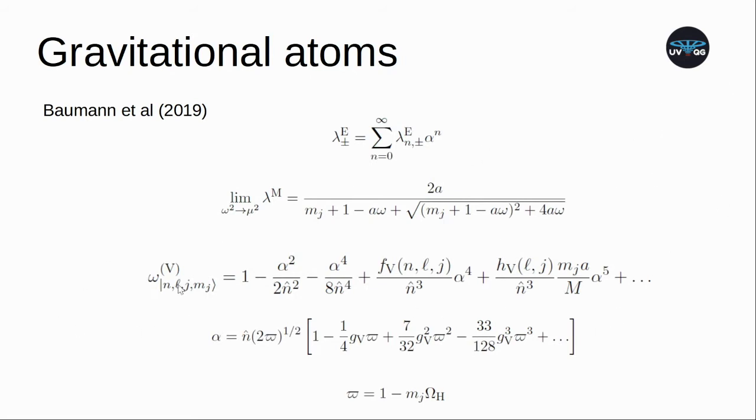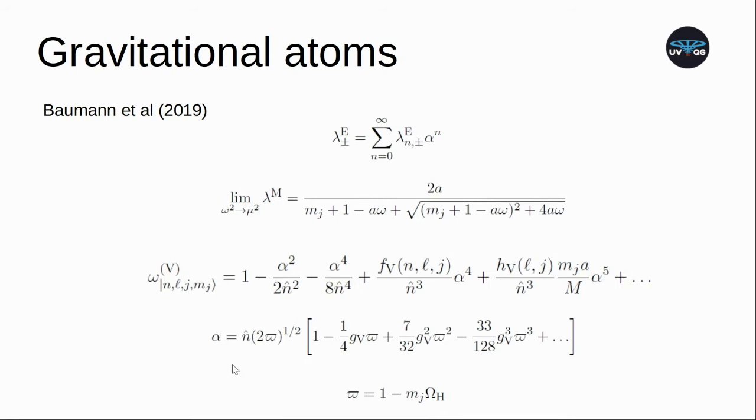They also obtained an expression for the frequency of this quasi-bound state. In their case, the frequency has a real and an imaginary part, and this is only the real part. But if we consider that the imaginary part is equal to 0 and that the real part obeys the synchronization condition, we are able to find an expression for the mass coupling in terms of the angular velocity of the black hole.